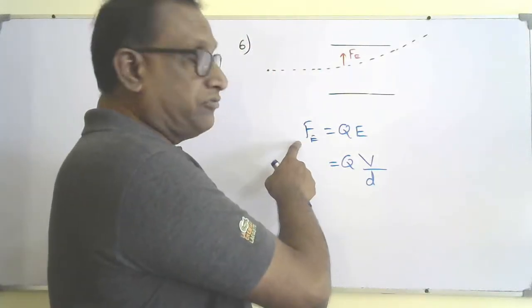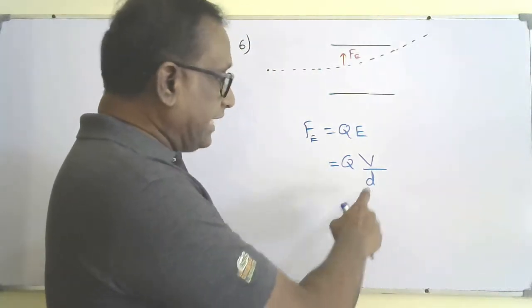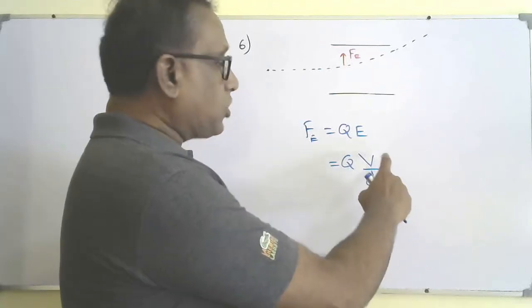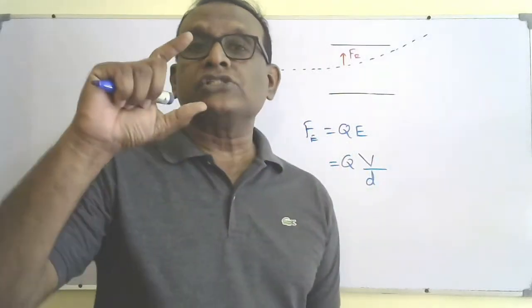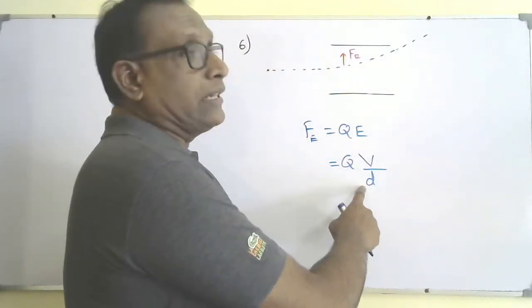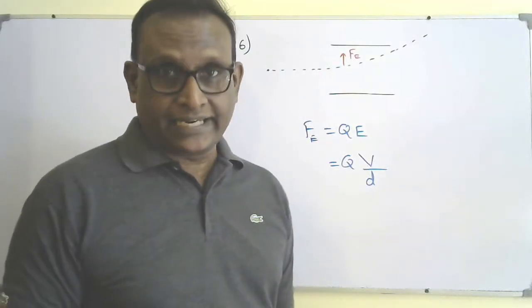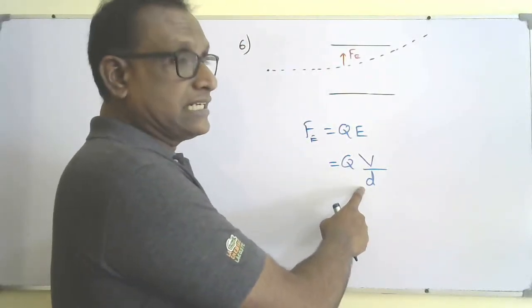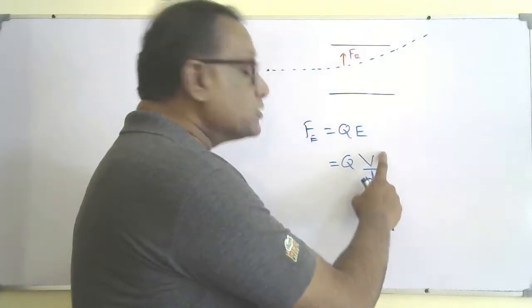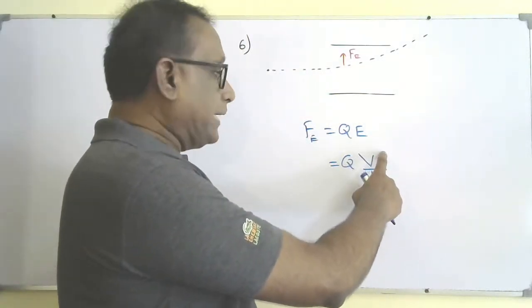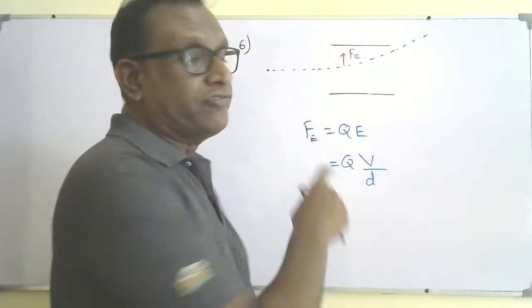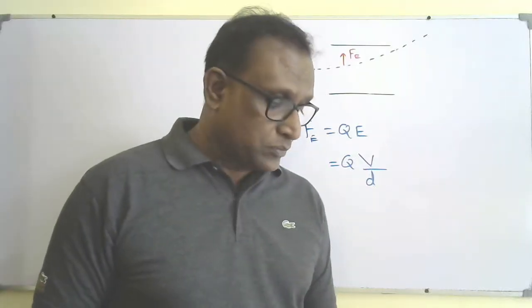To reduce the force, you have to increase the distance between the parallel plates, or the voltage across the parallel plates should be reduced. That will give lower force, then the deflection will become smaller.